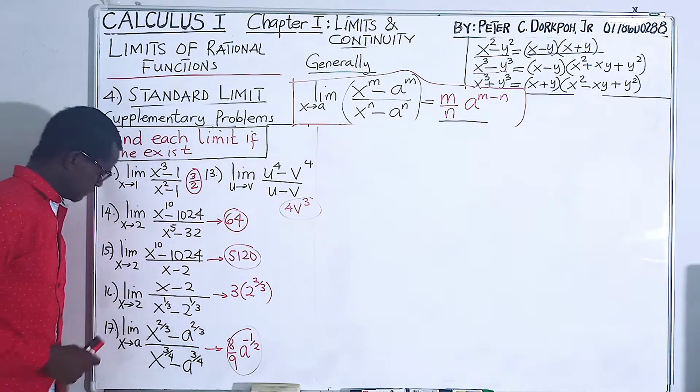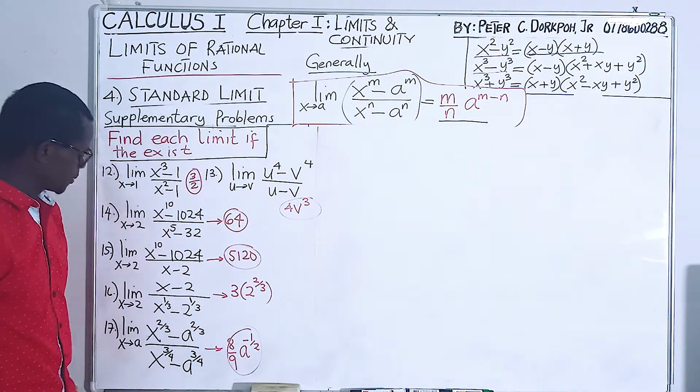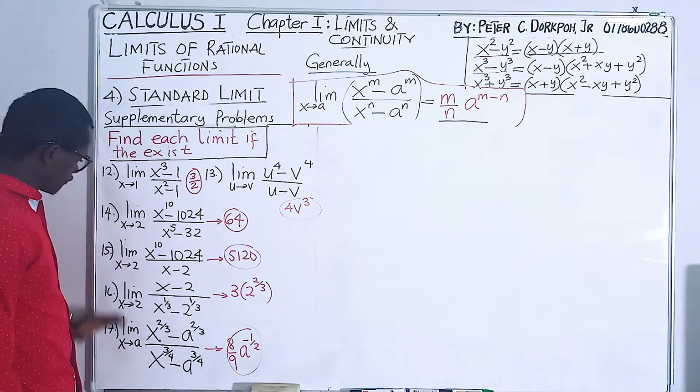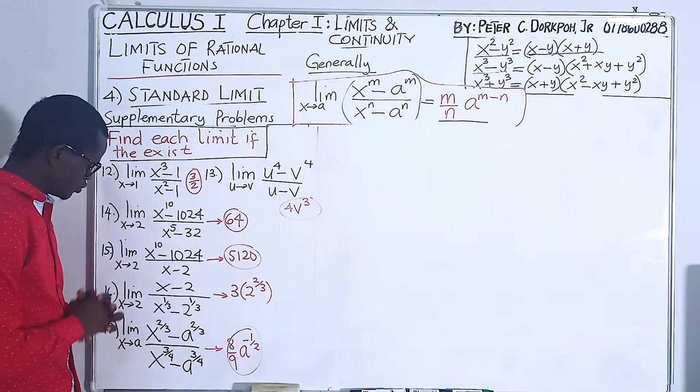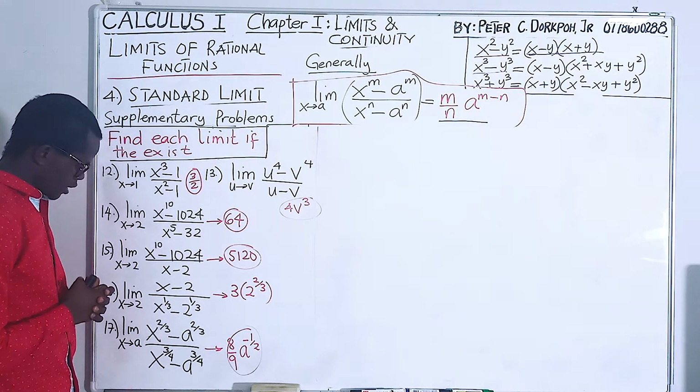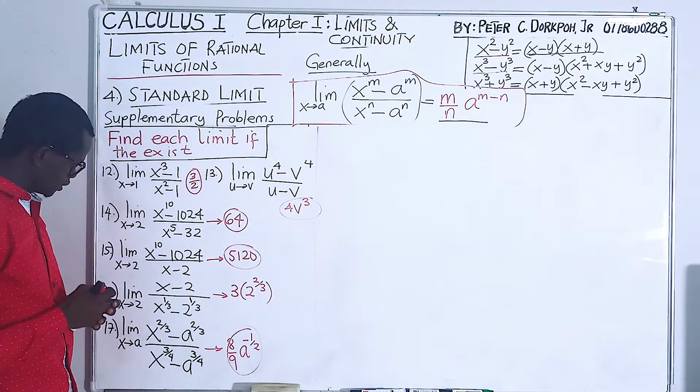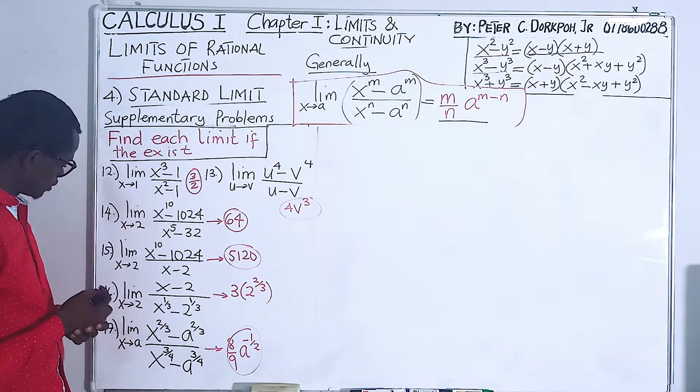So now we have these will be supplementary problems. So what I'm going to do, I'm just going to solve one from there, and then the rest of them now you can practice. So like I said, I'm going to solve only one. So I'm looking at 16 or 17.